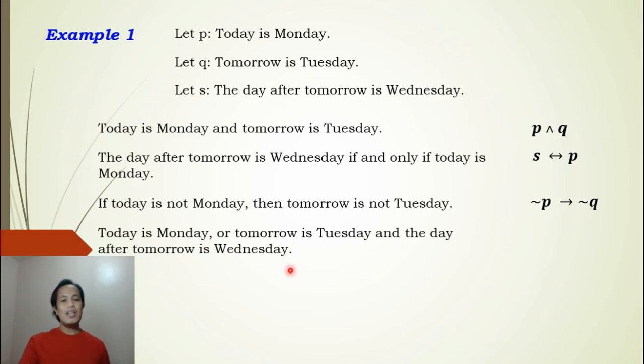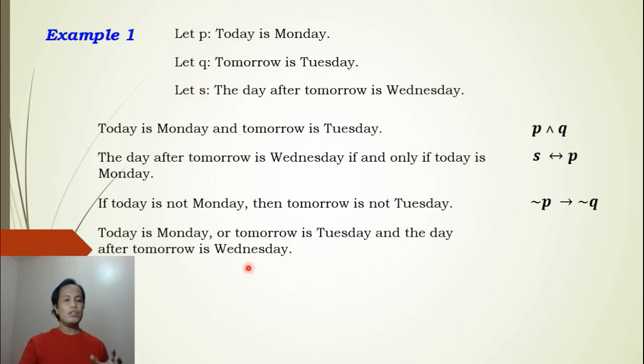The comma in a statement, especially if that is a combination of simple and compound statement, has something to do with a grouping symbol. Okay, and we have here the connectors "or" and "and." Then tomorrow is Tuesday. This statement is our Q. Then the day after tomorrow is Wednesday, which is our S.